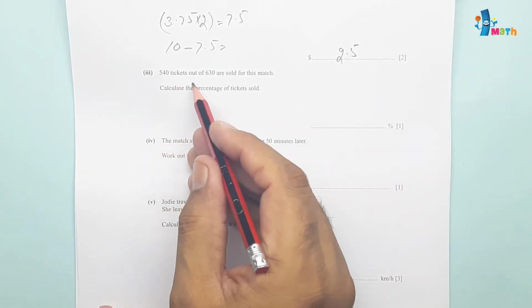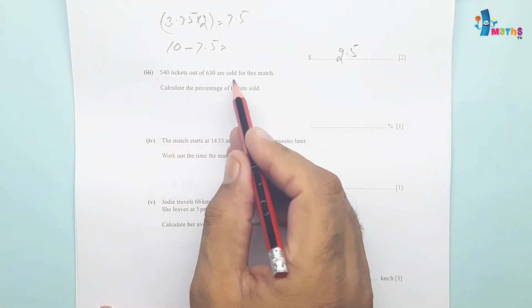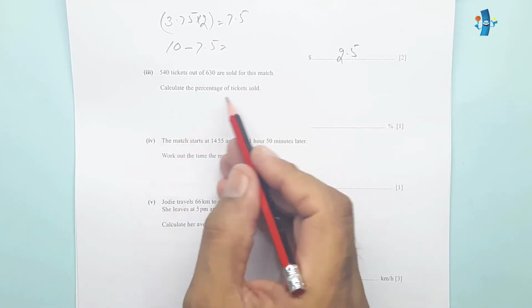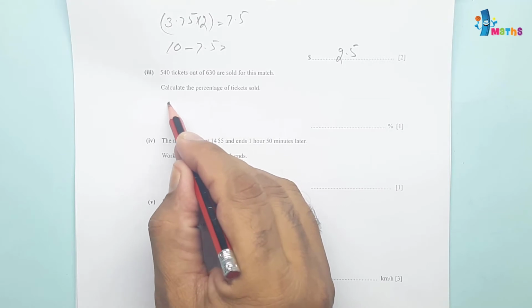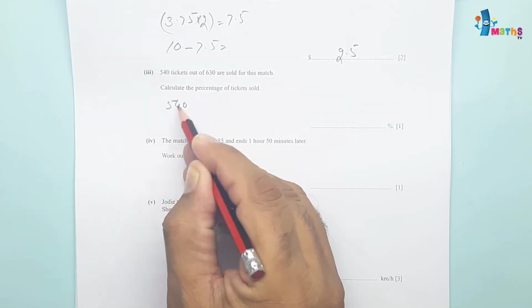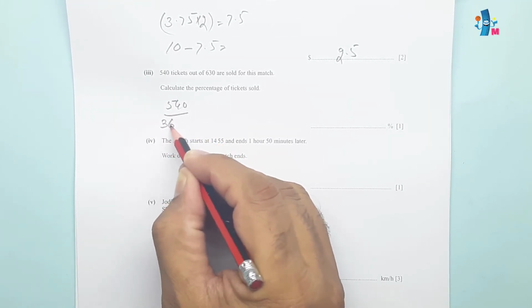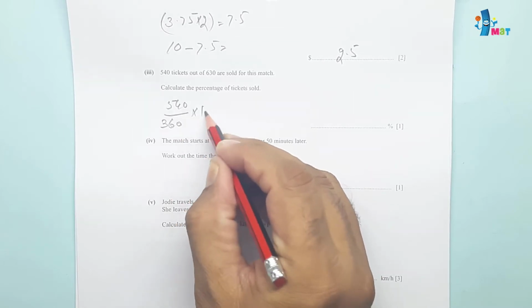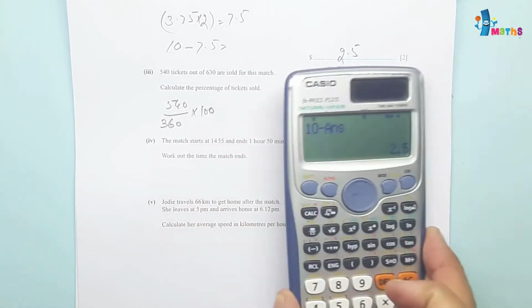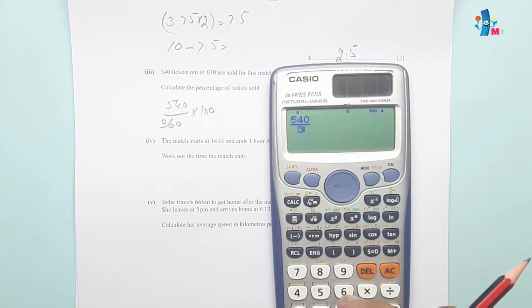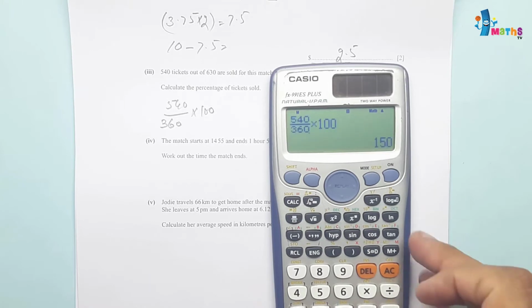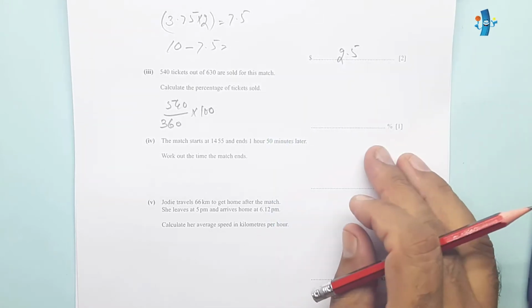540 tickets out of 630 are sold for this match. Calculate the percentage of tickets sold. So 540 out of 360, and multiply by 100. 540 over 360 and multiply by 100 will be equal to 150.